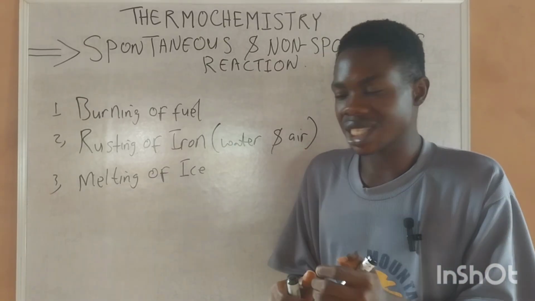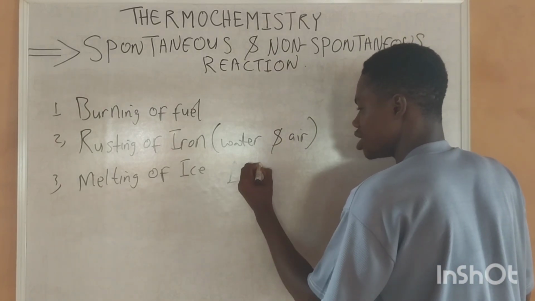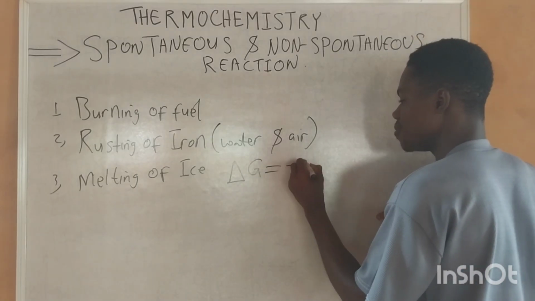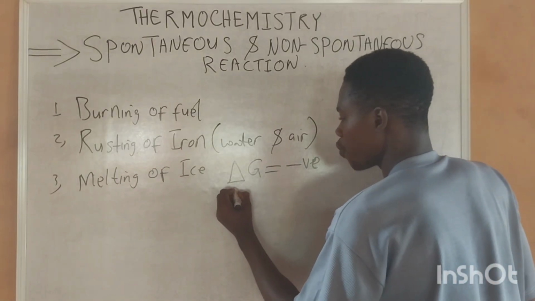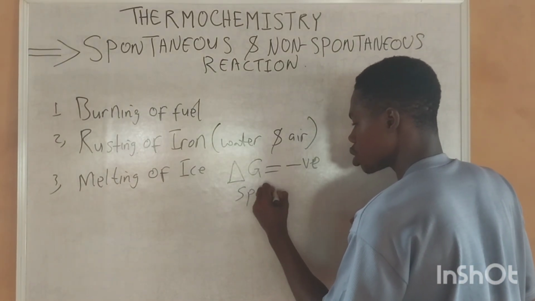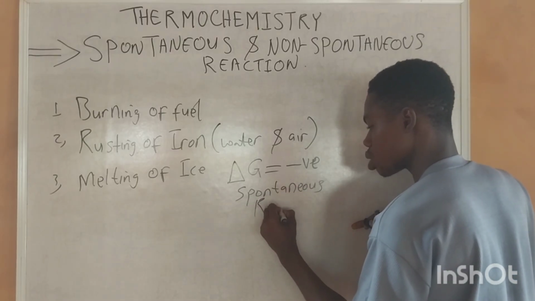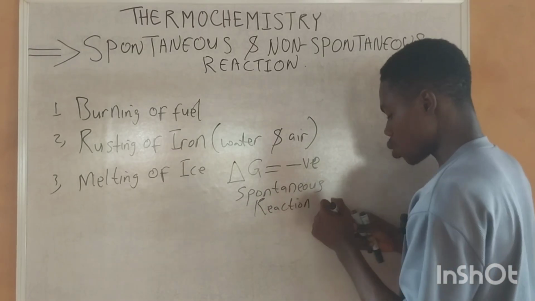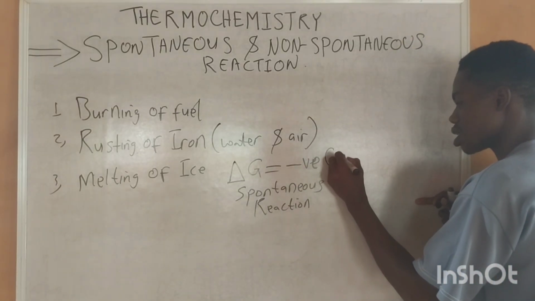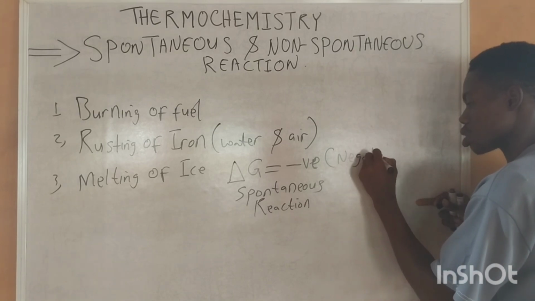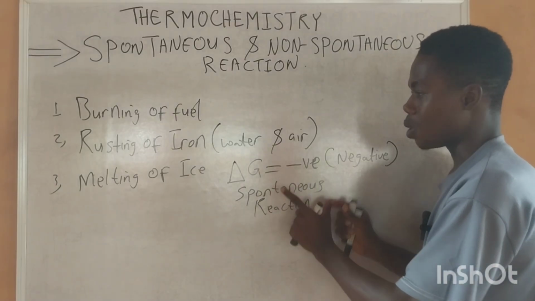And also please take note that delta G, which happens to be this free energy, delta G is negative for a spontaneous reaction. So please take note of this, that delta G is negative. Delta G is negative for a spontaneous reaction. So please take note of this.